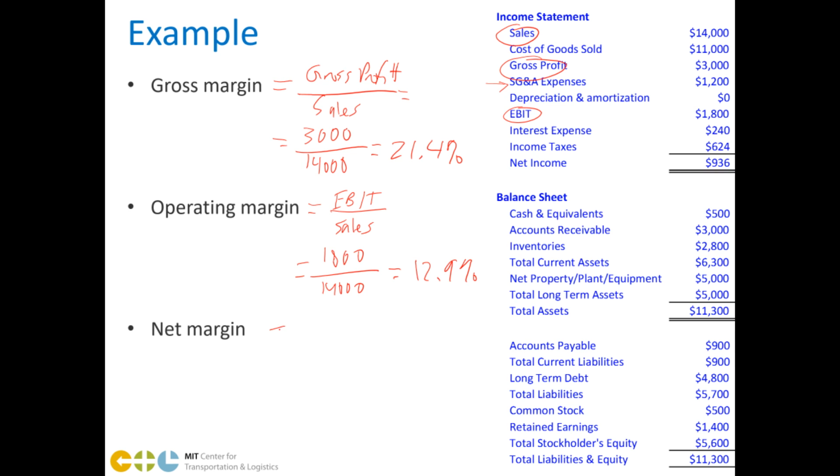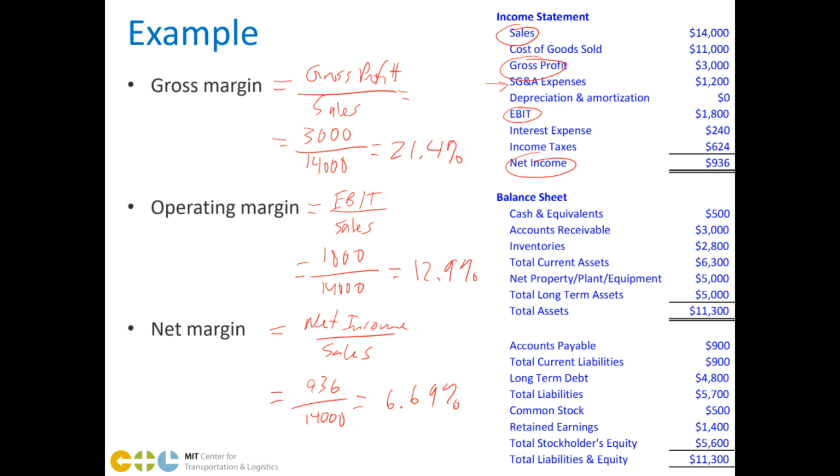What about the bottom line? So now we're looking at net income over sales. And here we have net income 936 divided by 14,000, and that gives us a number of 6.69%.